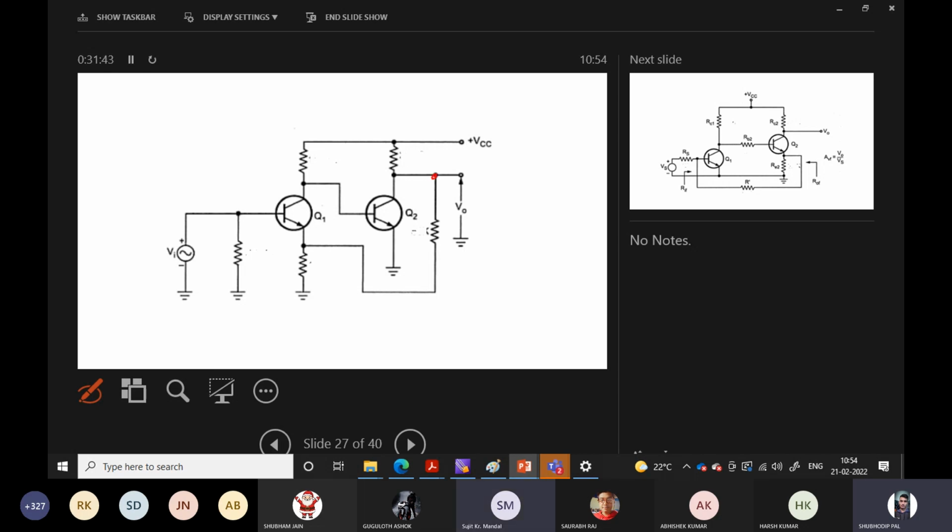Look at this: the output voltage is taken from here, and a part of the output voltage is taken through this feedback resistor, say RF, and appears across this emitter resistor, say RE, in series with it.